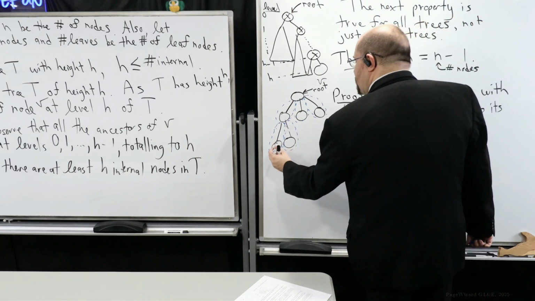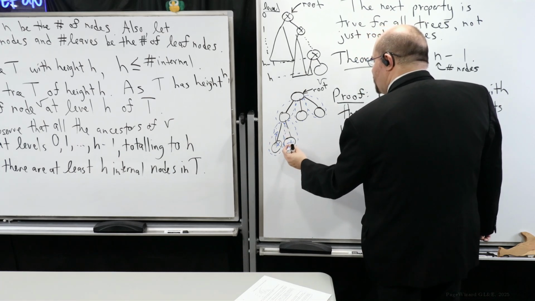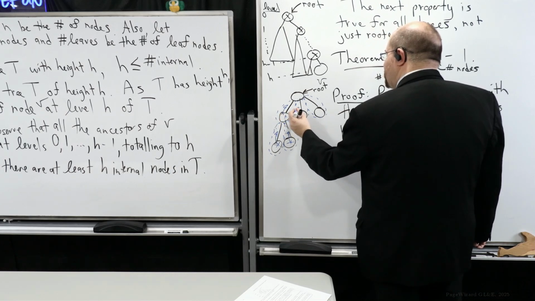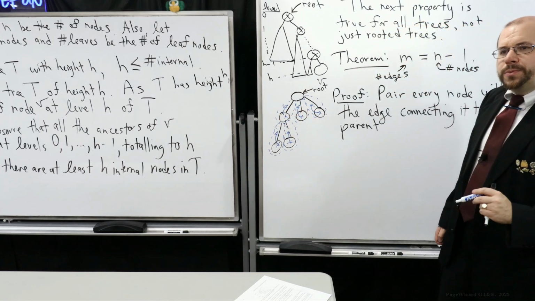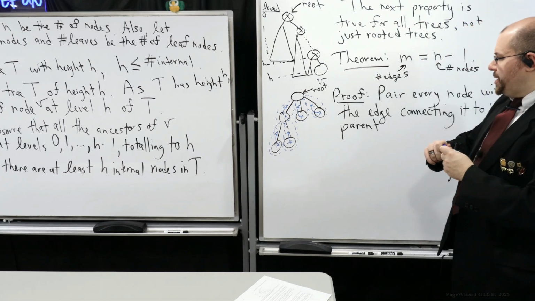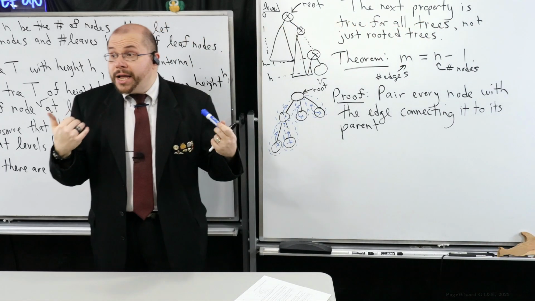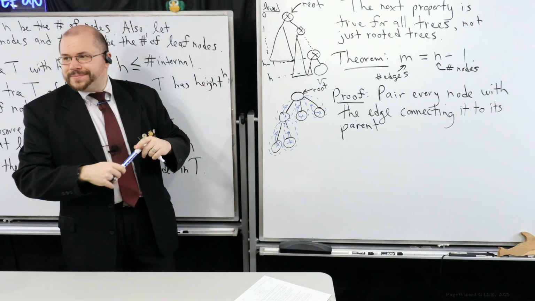Okay, so this node is paired with this edge, right? This node is paired with this edge. This node is paired with this edge. This node is paired with this edge. This node is paired with this edge. How did we define how we paired them? We looked at the edge that connects our child to the parent, right? That's what we did.